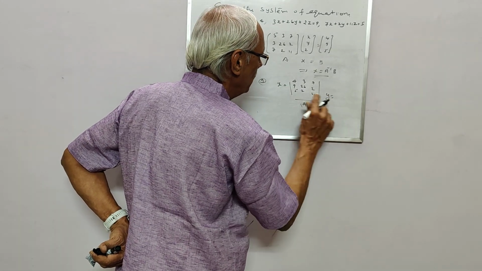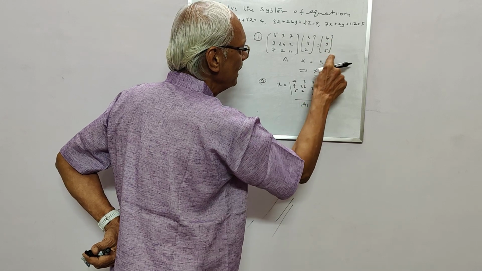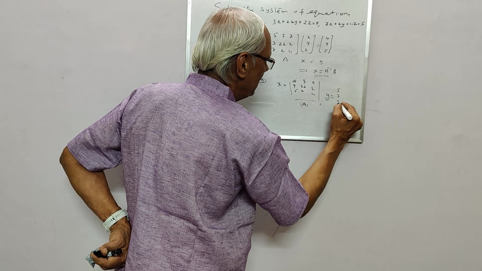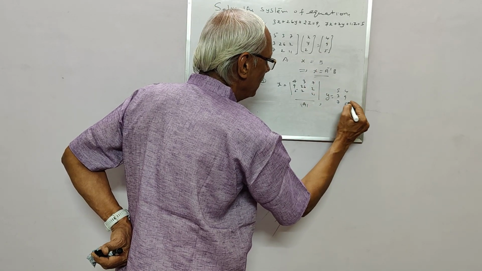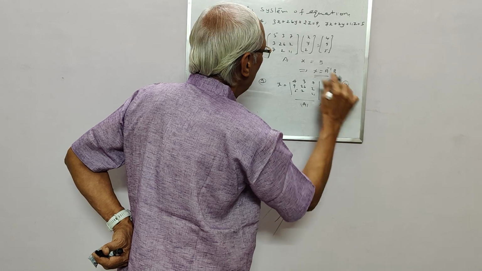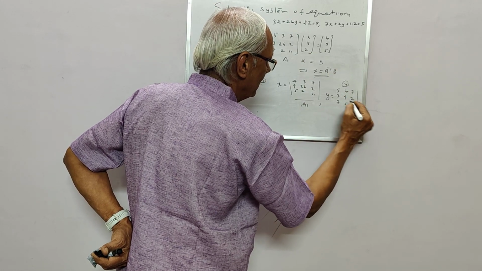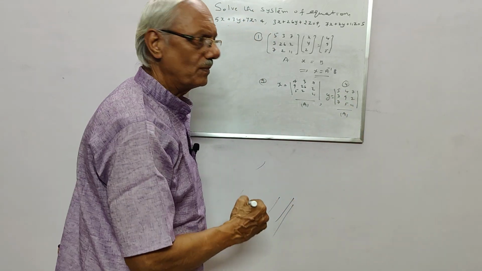Y will be equal to, in the place of the y column, you must put the constants on the right hand side. That is 5, 3, 7, and 4, 9. This is your y place. And the next one is 7, 2, 11, divided by the determinant of the matrix.